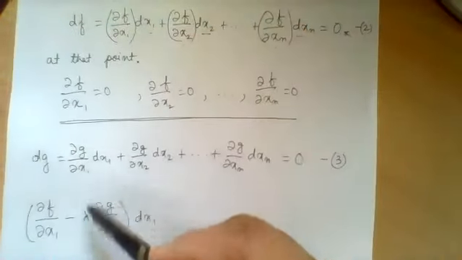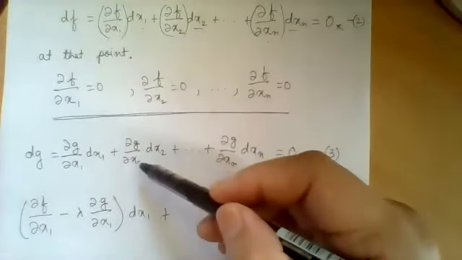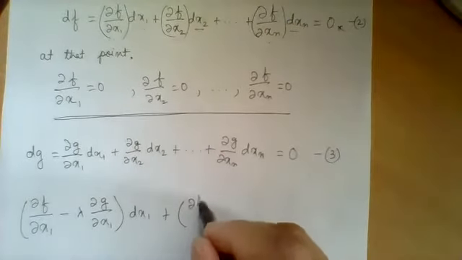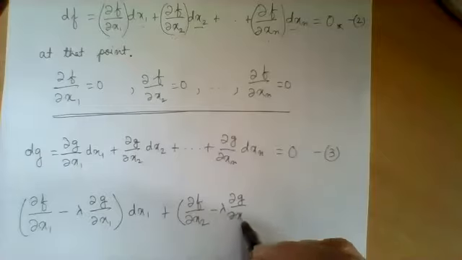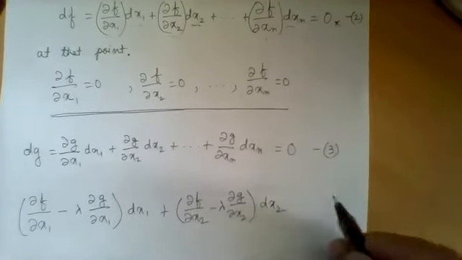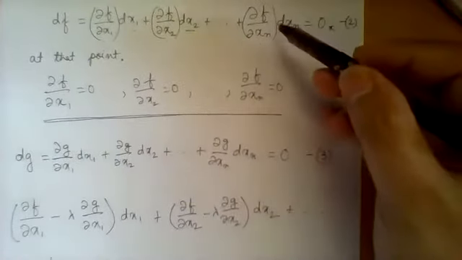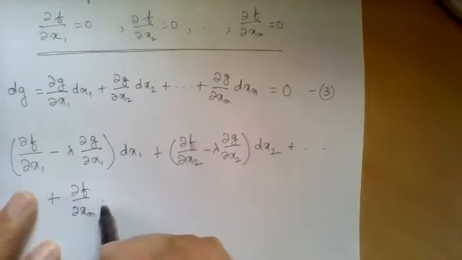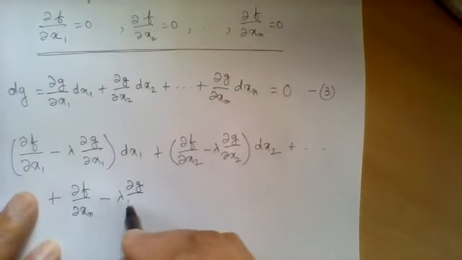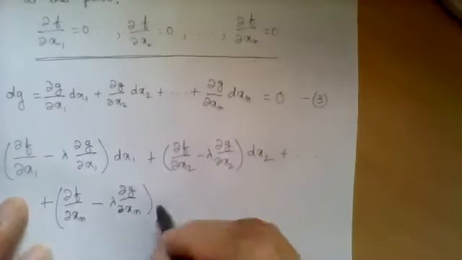The first term is del f by del x1 minus lambda times del g by del x1, times dx1, plus del f by del x2 minus lambda times del g by del x2 times dx2, plus and so on till the last term, del f by del xn minus lambda times del g by del xn, multiplied by dxn.